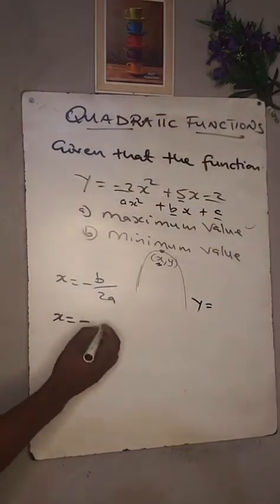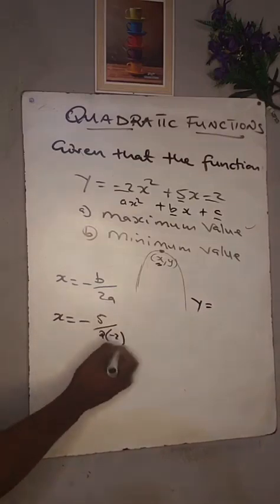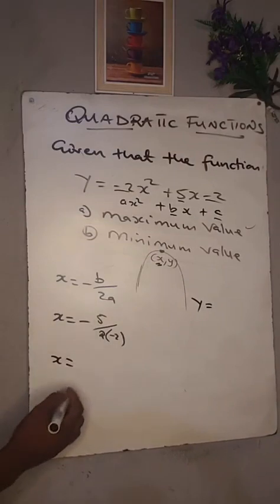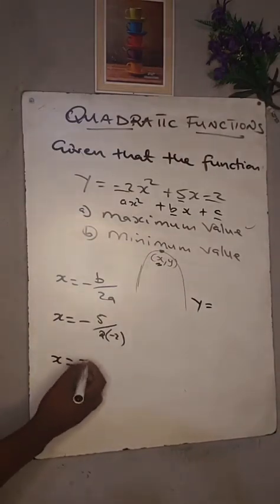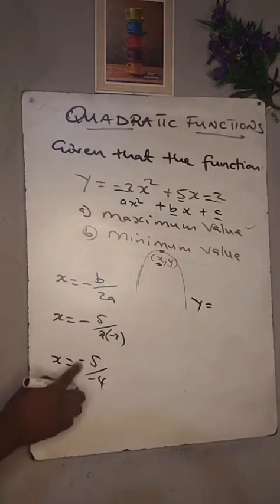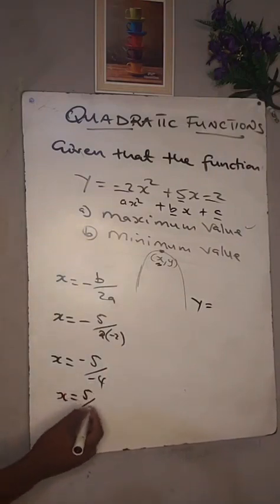So we are going to say negative b is negative 5 over 2 multiplied by our a, which is negative 2. So x is equal to negative 5 over 2 times negative 2, we get negative 4. Negative divided by negative, we get a positive. So x is equal to 5 over 4.